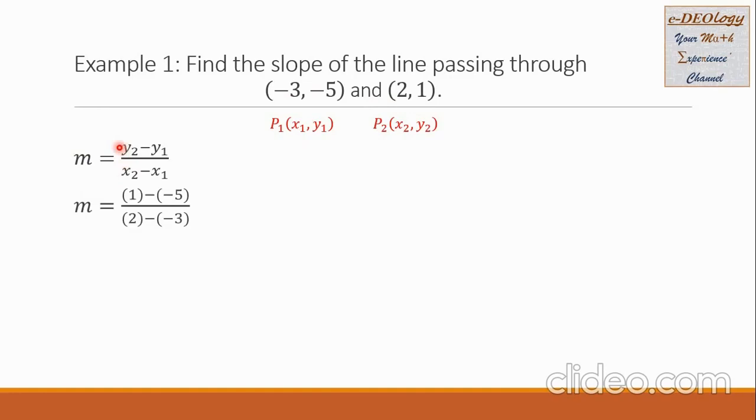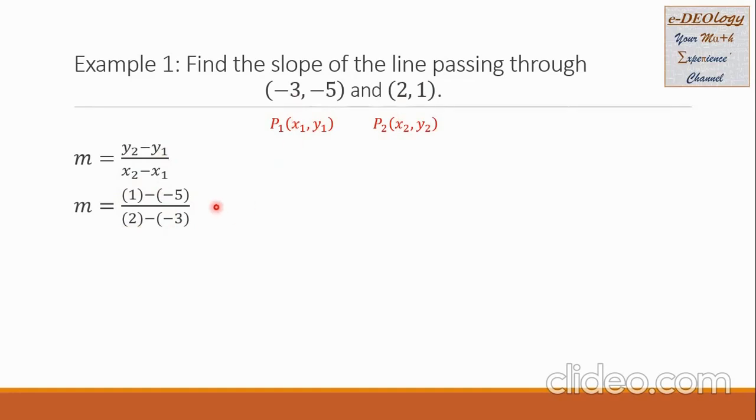The y sub 2 is equal to positive 1. Then minus the y sub 1, which is negative 5. All over, the x sub 2 is positive 2, minus x sub 1, which is negative 3.